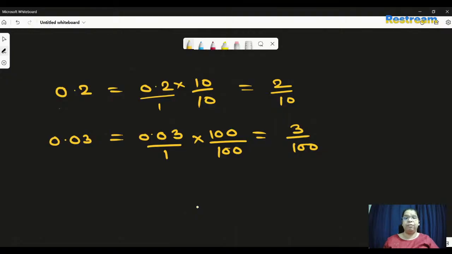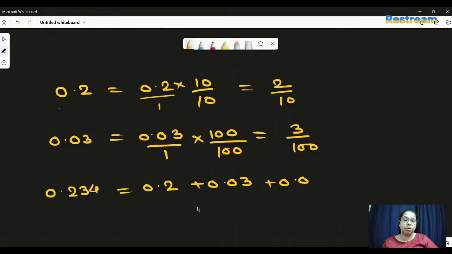Now, what if we have a number like 0.234? It will look like this: 0.2 plus 0.03 plus 0.004. This is called the expanded form.